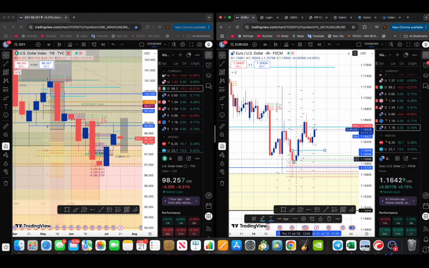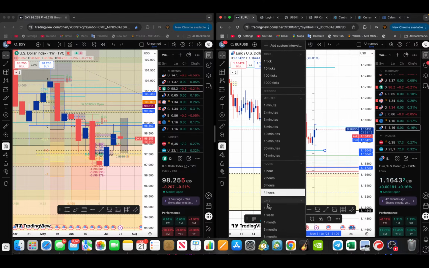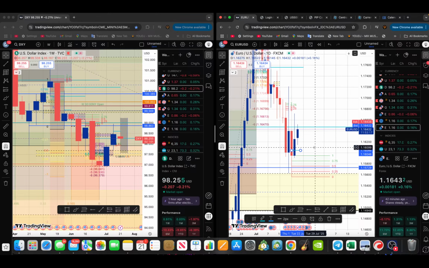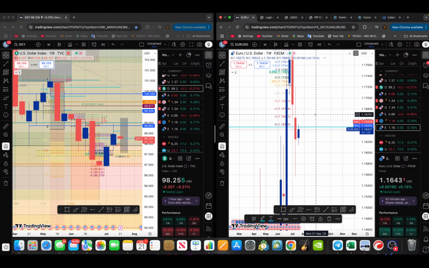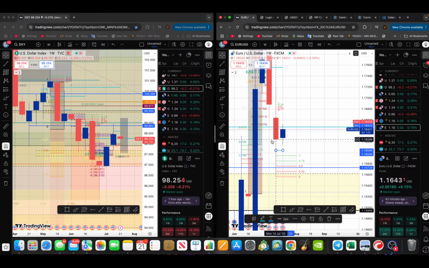Use that because that's the lowest price, so use that on the daily. Pretty much, yeah, it's pretty much coming to the constant encroachment of the wick, the 0.75 level, and then continuing higher.